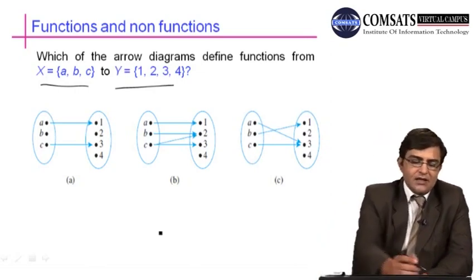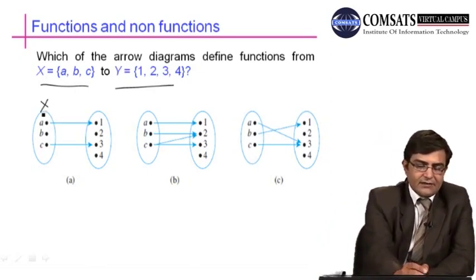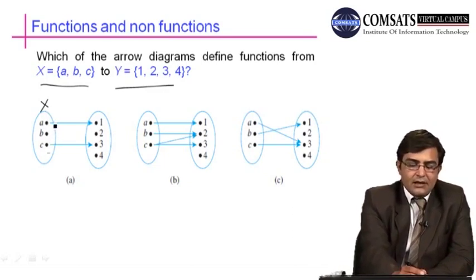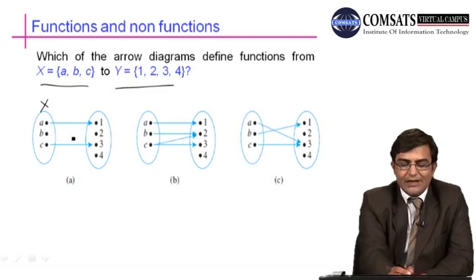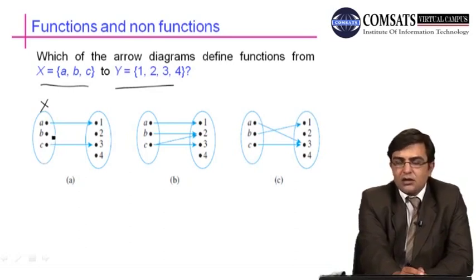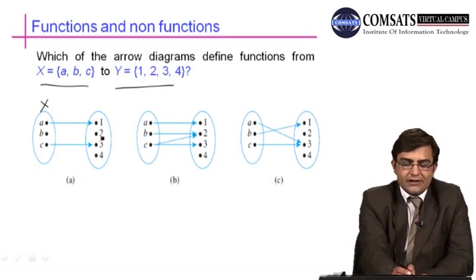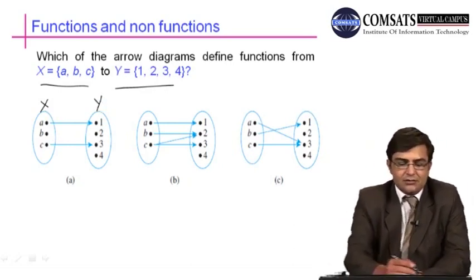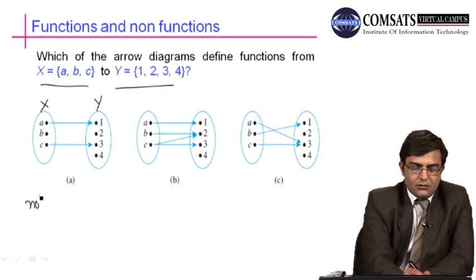The first is that each element of the set X must be utilized, meaning there must be an arrow coming out of each element of X. There is an arrow coming out of A, but no arrow coming out of B. So this violates the first condition of the function, because B is not related to any element in Y. So this is not a function.